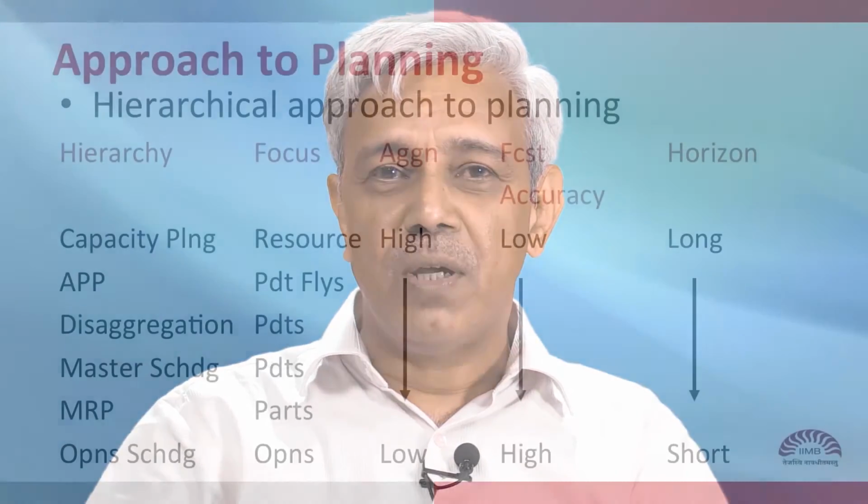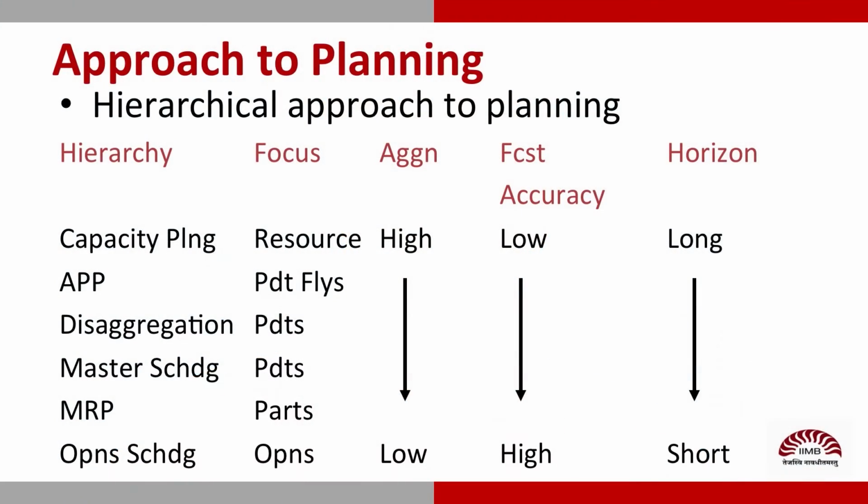So these are different hierarchies that we use in the planning model. Now each level of the hierarchy, if you notice in the second column, is focusing on one item at a time. Capacity planning is looking at resources. Aggregate production planning is focusing on product families or product groups. Master production schedule looks at only products, and products are made out of parts or components, which is the focus for MRP.